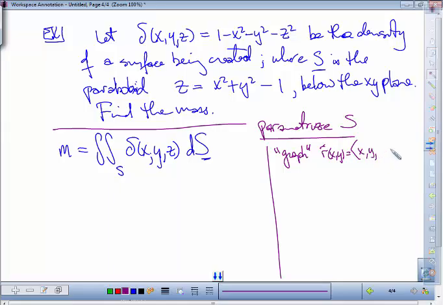Remember, yesterday we used u and v just so we can graph it, but I said you can use x's and y's if you want. So x and y, and then the z, this is the actual surface. So the z is x squared plus y squared minus 1. So this is your parameterization, the function of x and y now.